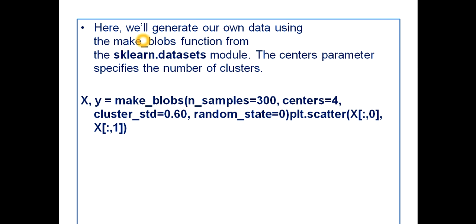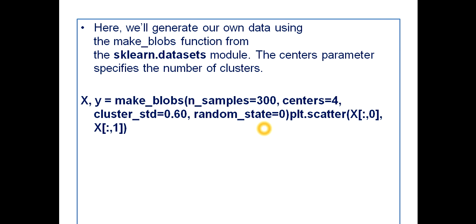The function used for this is make_blobs, and that is available in the sklearn.datasets module. And the centers parameter we need to specify, that is the number of clusters. See, X, y = make_blobs, n_samples=300. We are taking 300 samples, and we are specifying centers=4, four centers. Then cluster_std=0.60 and random_state=0, and plt.scatter of X[:, 0] and X[:, 1].